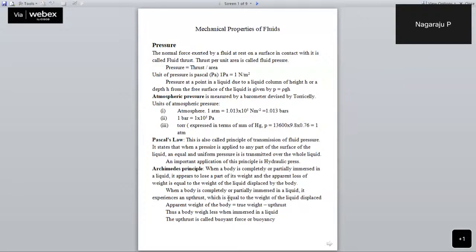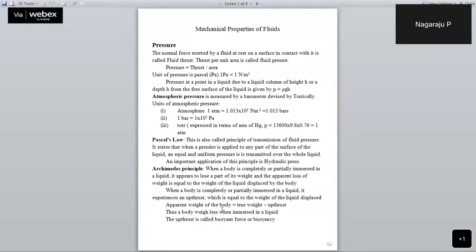So when a body is completely or partially immersed in liquid, it experiences an upthrust. That means the liquid is exerting a force on that object which is immersed in it, equal to the weight of the liquid displaced. Suppose you take that liquid and find out its weight, you see that the weight loss is equal to the weight of the liquid displaced.